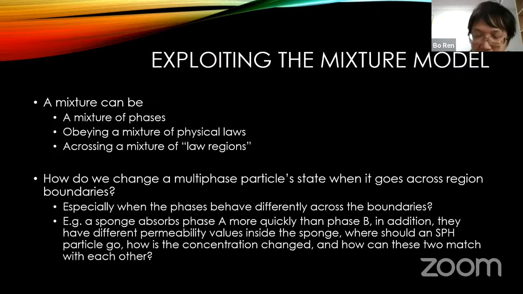The volume fraction of phase B should decrease within this particle, and finally it will contain only phase A. So how can we ensure the consistency between this momentum change or position change and the continuity or volume fraction change?